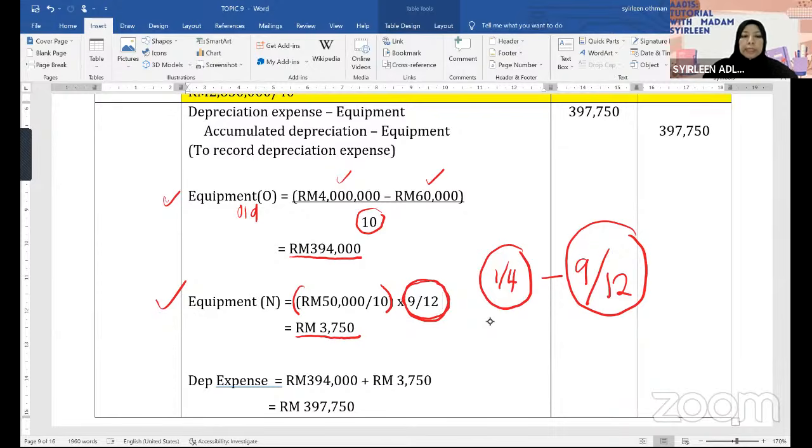Okay, so yang perlu catat pada 31 Disember will be the old equipments depreciation expense plus the new equipment depreciation expense. Okay, so that's how you come out with the amount of 397,750.